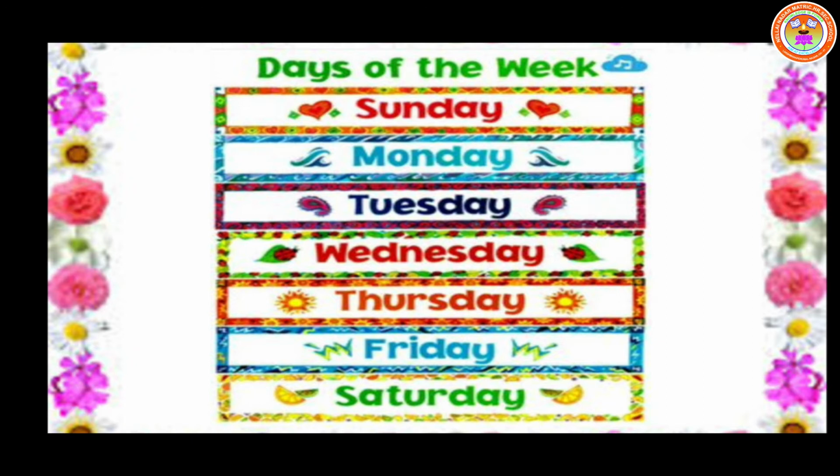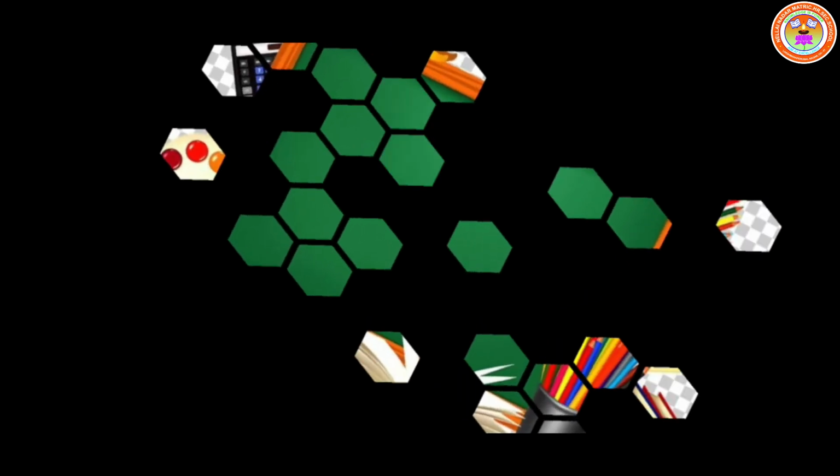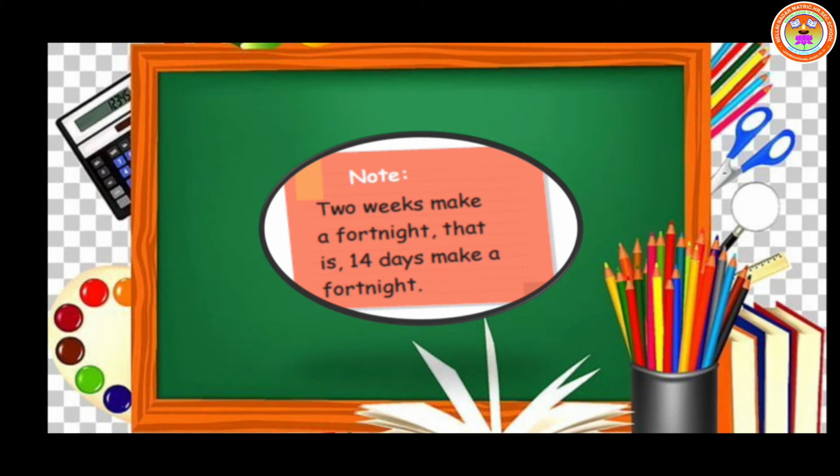So there are 7 days in a week, right? Students, 2 weeks make a fortnight. That is, 14 days make a fortnight.